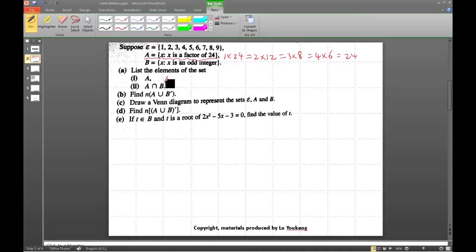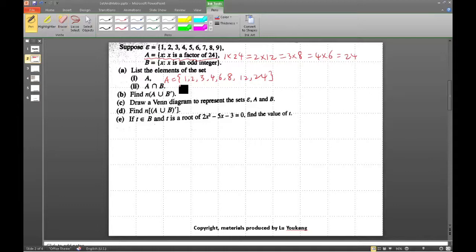Therefore, with all this, I can list down A. A equals 1, 2, 3, 4, 6, 8, 12, and 24. And these are the factors of 24. However, we also need to take note that the universal set above has numbers from 1 to 9.